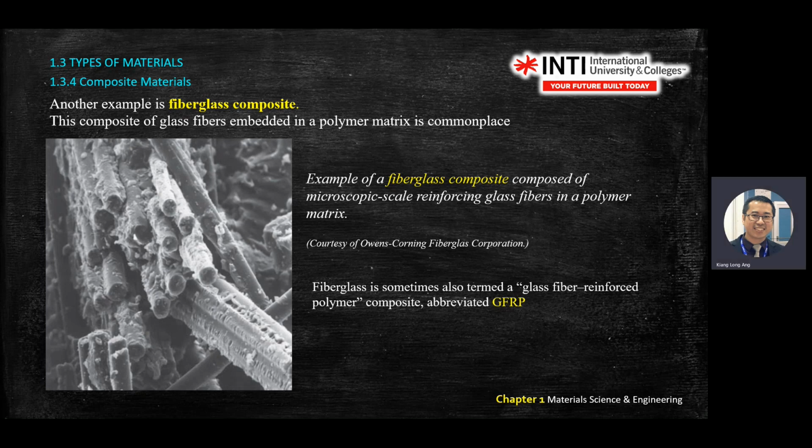In other textbooks, sometimes you see examples of a composite such as GFRP, glass fiber reinforced polymer. It can fall under polymeric material, but the more correct classification is under composite.